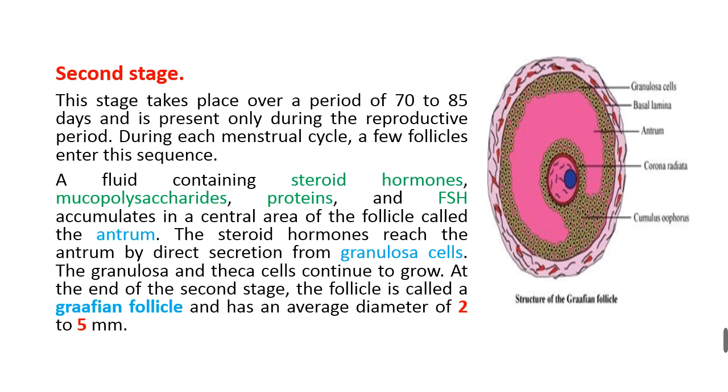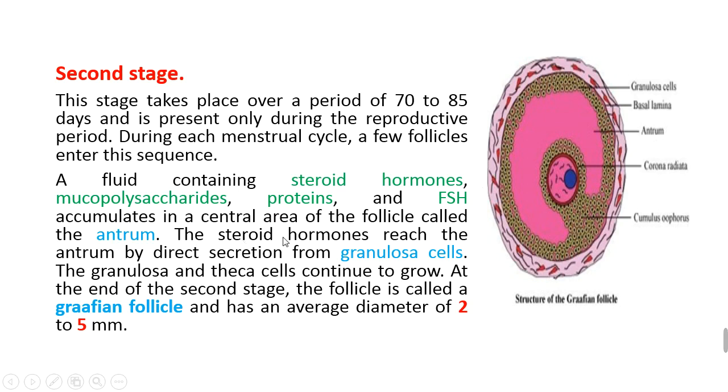A fluid containing steroid hormone, mucopolysaccharides and protein and FSH accumulate in the central area of the follicle, which is called the antrum. This is the antrum that contains the nutrients and the steroid hormones.